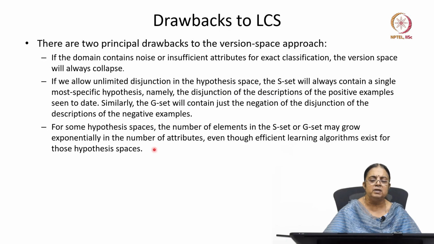And then the number of elements in the G set or the S set may grow exponentially in the number of attributes. So, these are some drawbacks which we need to keep in mind for these problems.